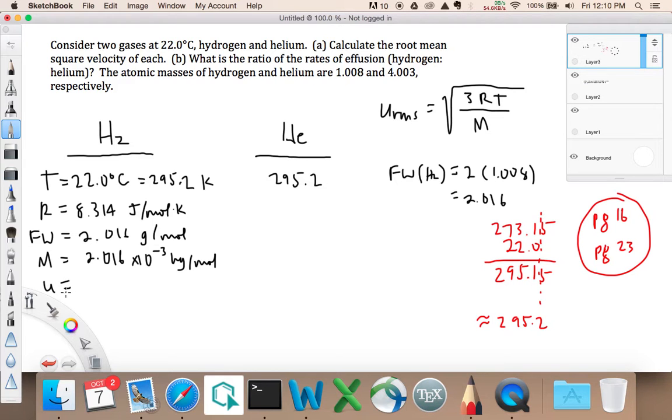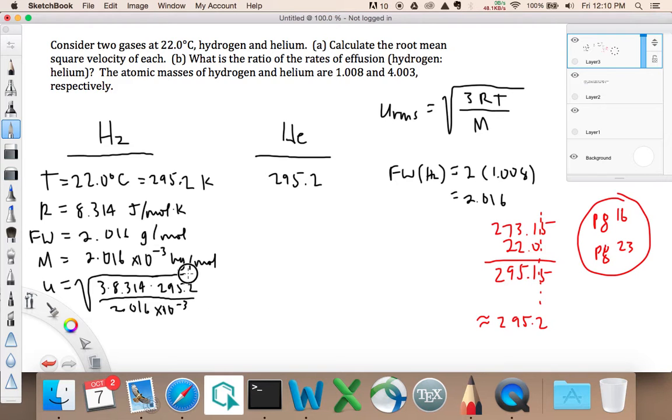And now I'm ready to do my root mean squared velocity. It's equal to the square root of 3 times 8.314 times 295.2, divided by 2.016 times 10 to the negative 3.